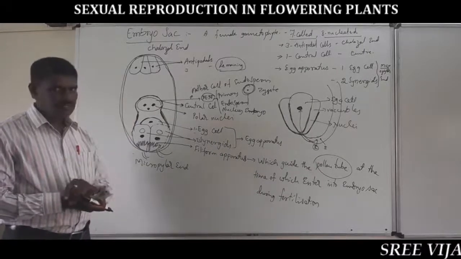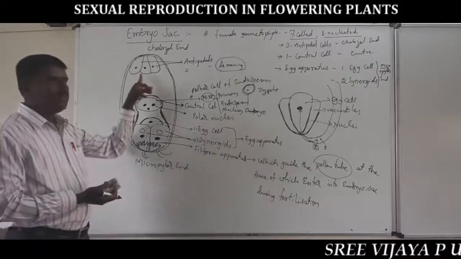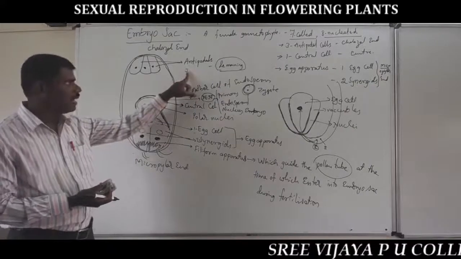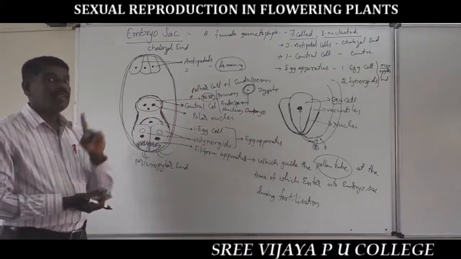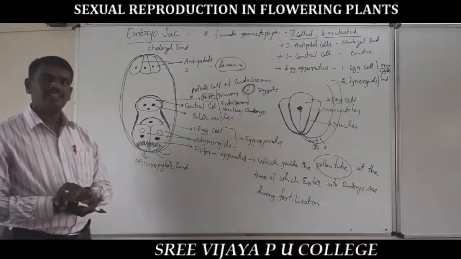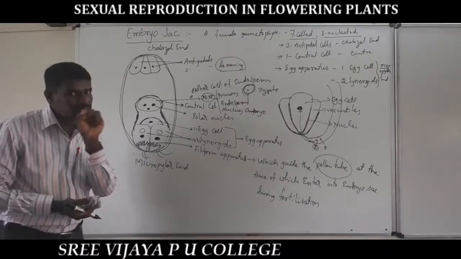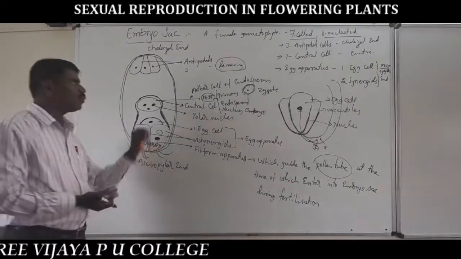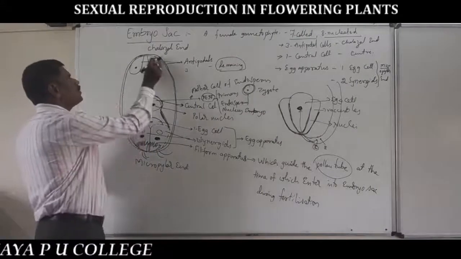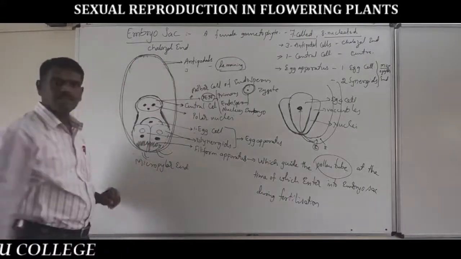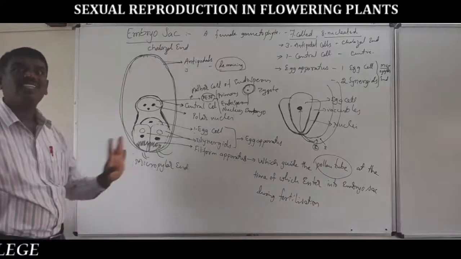At the time of degeneration, these three antipodals degenerate soon after fertilization or before fertilization. They disintegrate.